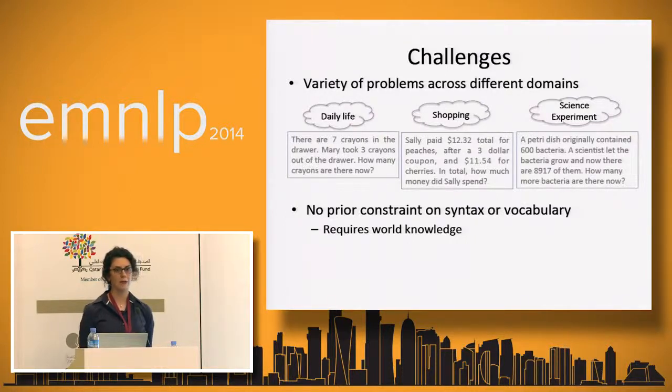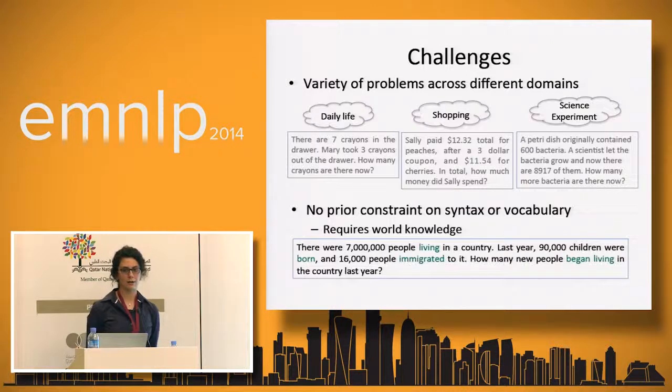So for instance, we have problems about science experiments, shopping, and everyday life, right? These problems are usually designed at the level of a child's word knowledge, and there is usually no constraint on the syntax or vocabulary.